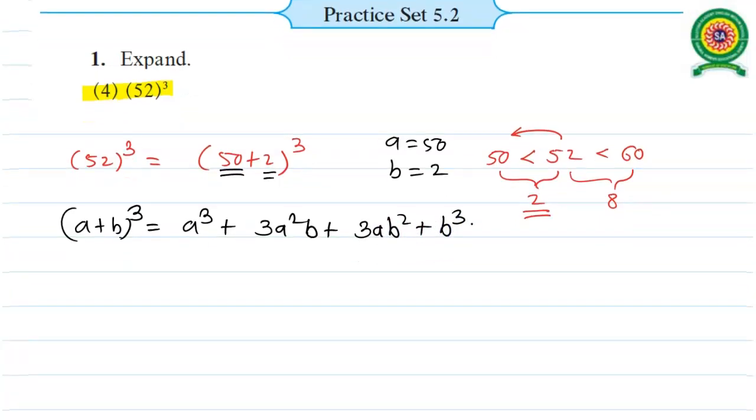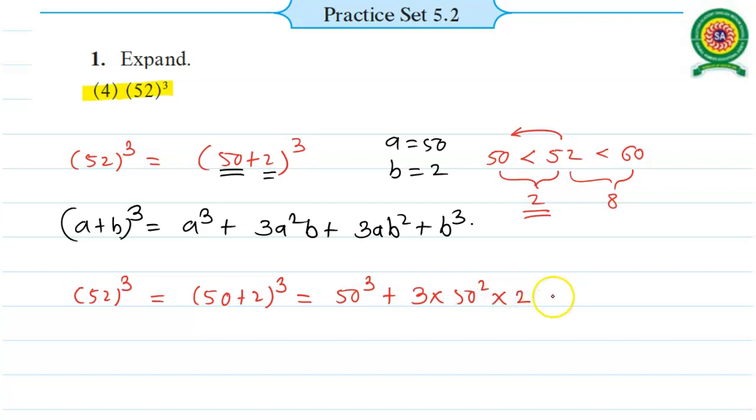So try to replace now a and b by their values 50 and 2 respectively, so that now we are getting 52 the whole cube equals (50 plus 2) the whole cube, and a value becomes 50, so that we are having 50 cube plus 3 into 50 square into 2 plus 3 into 50 into 2 square plus 2 the whole cube, because b value we have is 2 here.